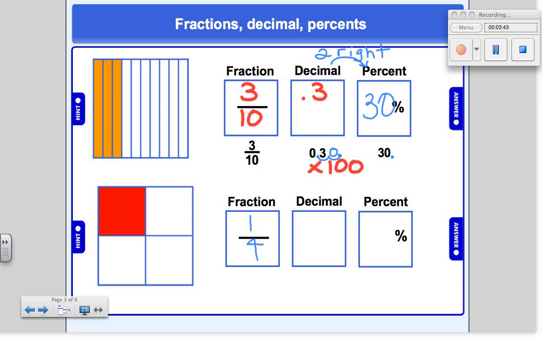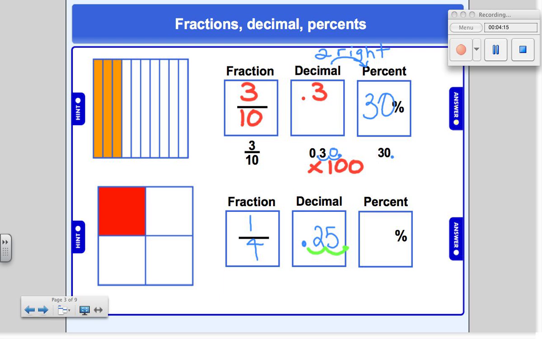So here we have 1/4. There's 4 squares here. 1/4 is our fractional part. 1/4, as you remember, is one of those fractions that you should just know. And we're talking about quarters. So that's 1/4. That'd be 0.25. Now as a percent, again, we're taking that 0.25 and we're moving our decimal places 2 to the right.